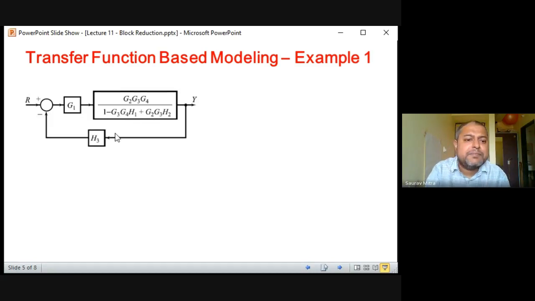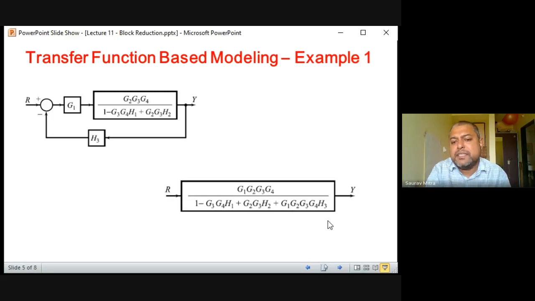Now this thing is in negative feedback with H3. That means in this denominator again a plus term with H3 will come. That will be the final loop that you solve, and this is the final answer. This H3 term is coming with positive because H3 is a negative feedback, and whenever it is negative feedback, we know the denominator is 1 plus GH.